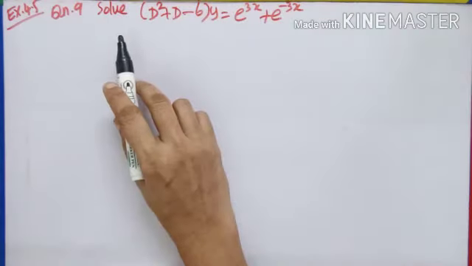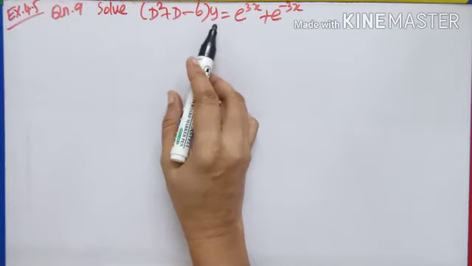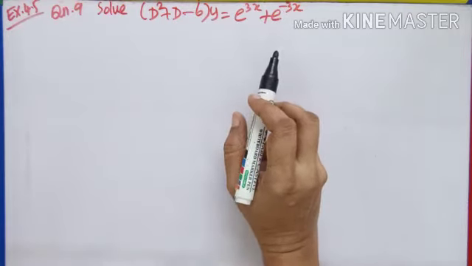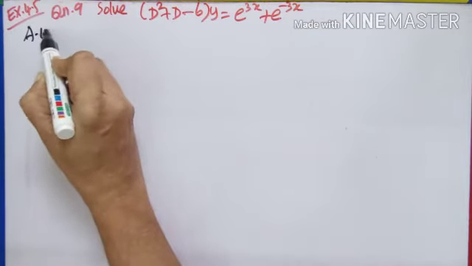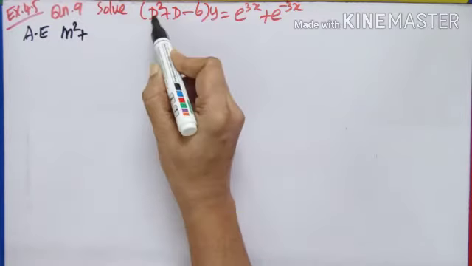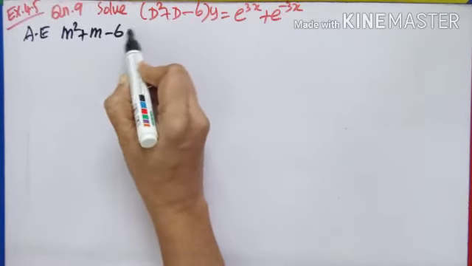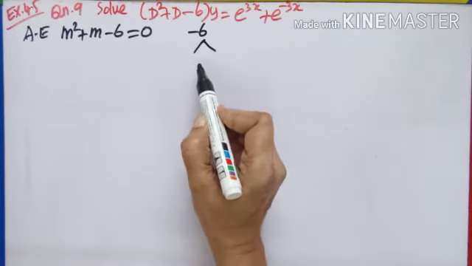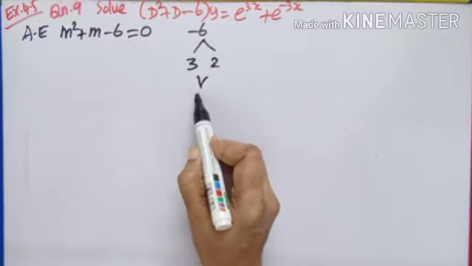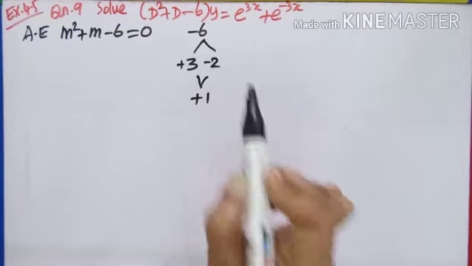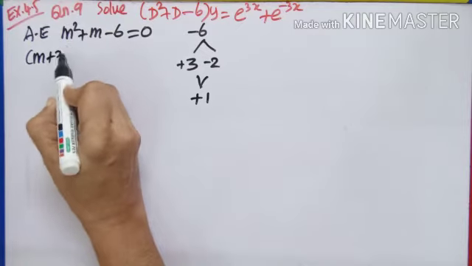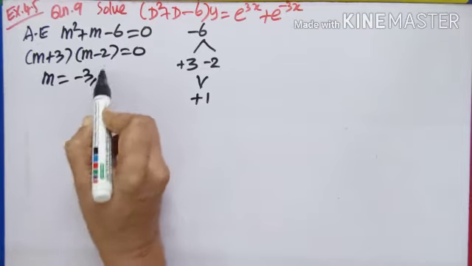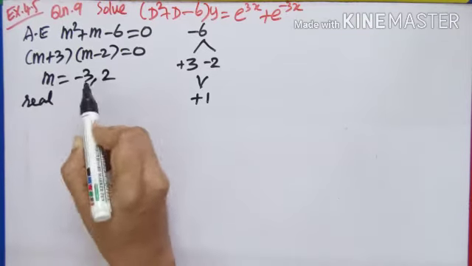Question number 9. Solve d square plus d minus 6 into y equals e power 3x plus e power minus 3x. First we write the auxiliary equation m square plus m minus 6 equal to 0. Solving this, we get m plus 3 into m minus 2 equal to 0, or m is equal to minus 3 and 2.